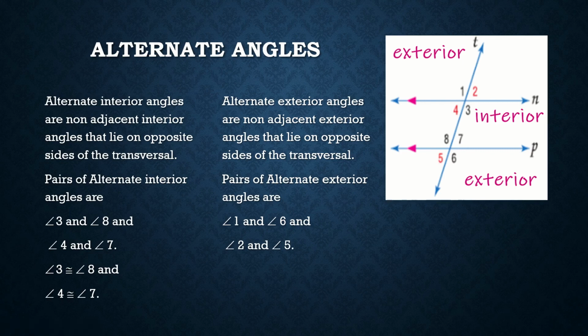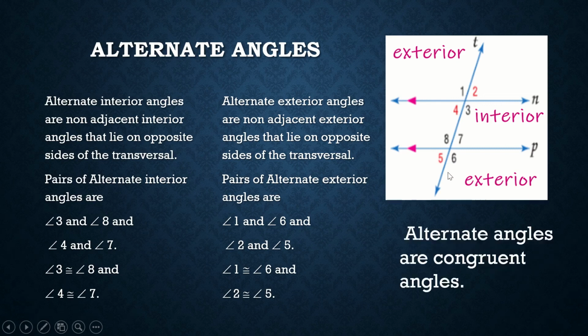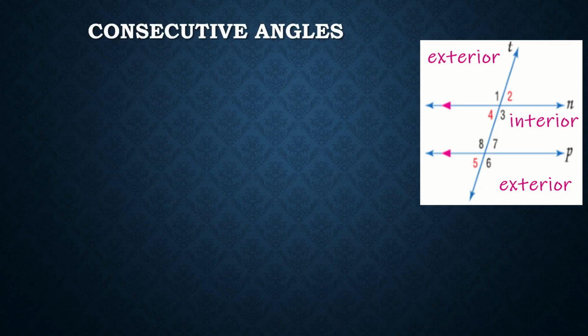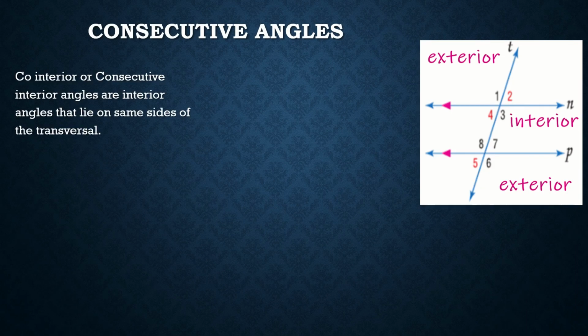What is the property of alternate exterior angles? They are also congruent. Therefore, angle 1 is congruent to angle 6 and angle 2 is congruent to angle 5. Let us talk about consecutive angles. What are consecutive angles? Co-interior or consecutive interior angles are interior angles that lie on the same side of the transversal.